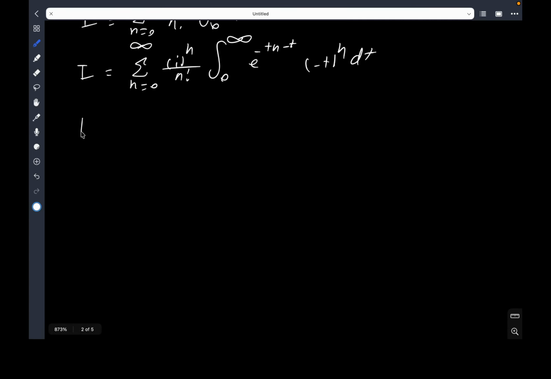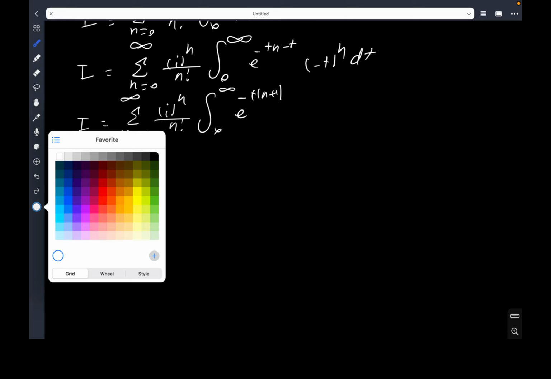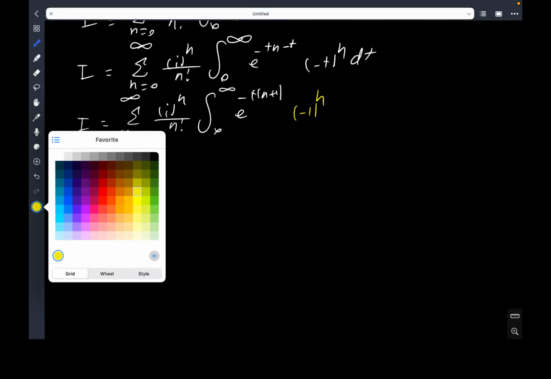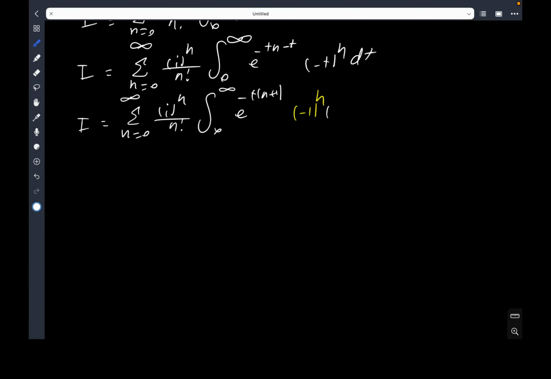I'm going to write it again here: i to the n over n factorial, e to the negative t times n plus 1, and I can decompose it as negative 1 to the n. So let me write it in another color because it's constant. Negative 1 to the n and t to the n dt.